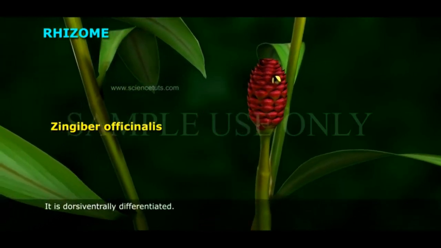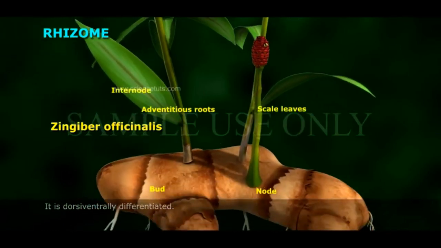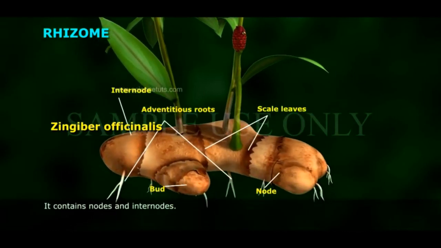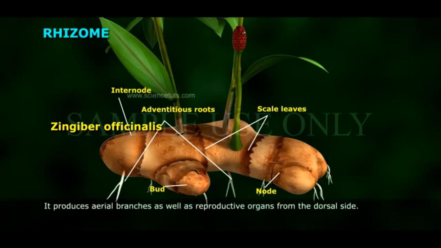It is dorsiventrally differentiated. It contains nodes and internodes. At the nodes, scale leaves are present. It produces adventitious roots from the ventral side. It produces aerial branches as well as reproductive organs from the dorsal side.